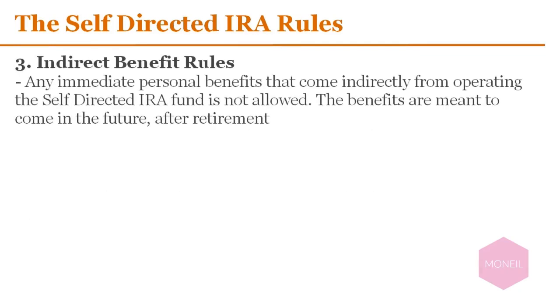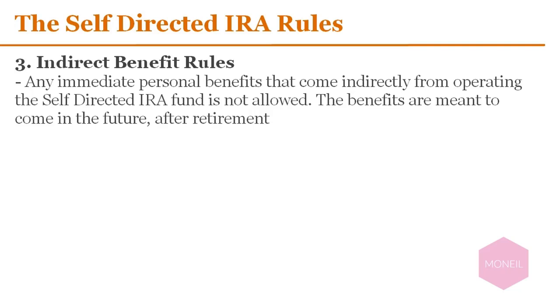One of the rules is also called the indirect benefit rule. The purpose of the IRA is to provide for the retirement, like I was mentioning. It's not intended to benefit right now. It's considered an indirect benefit if your IRA is engaged in transactions that in some way can benefit you personally, and this is not allowed.